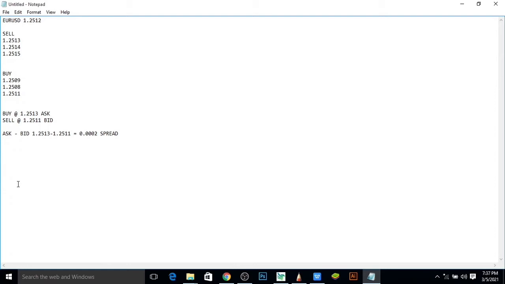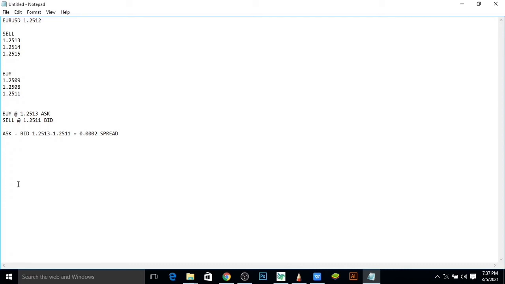Now, talking about pip, what is a pip? A pip is the smallest unit of price movement. Well, technically there is a smaller unit, but it is not something you should concern yourself with now.